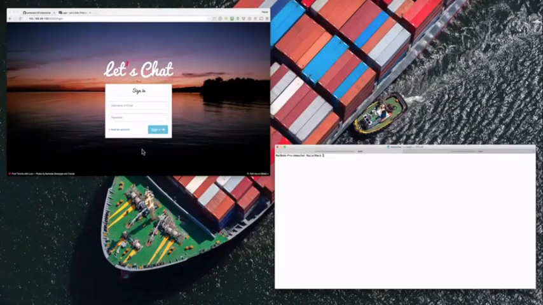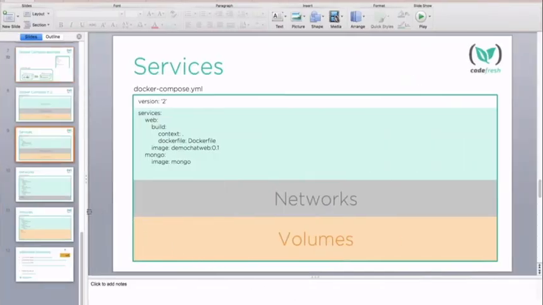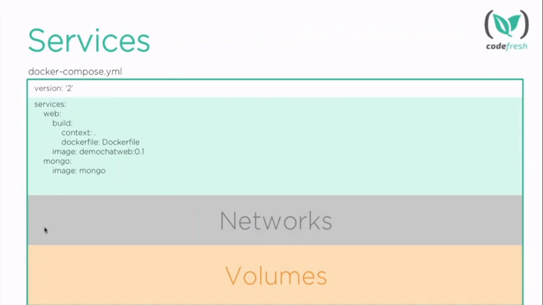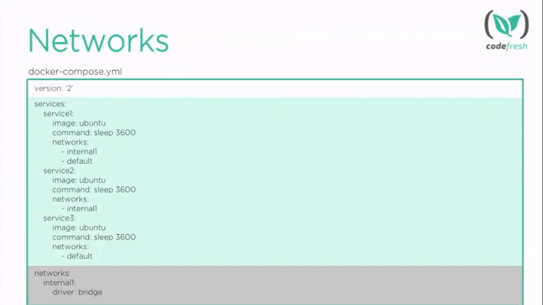Let's go back to the presentation. So now let's take a closer look at networks and what we can do there. Basically, this networks section allows us to create or declare additional networks, and then later on we can specify for each one of the services to which network it will be connected.